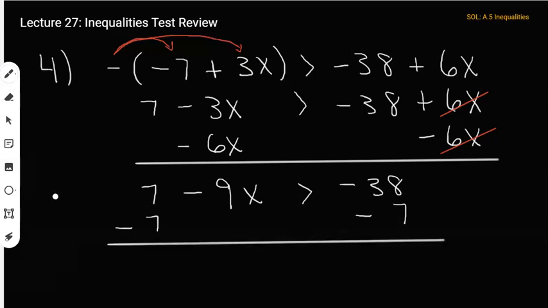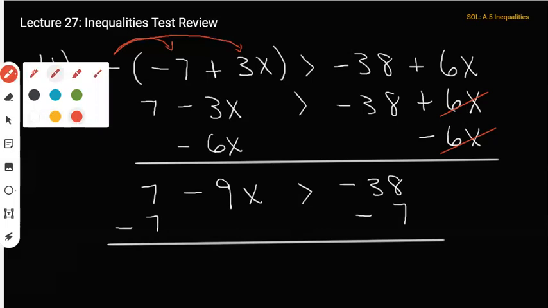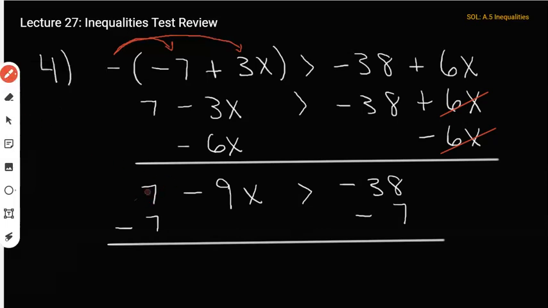Then the 7 and the negative 7 will cancel over here, leaving me with the negative 9x is greater than negative 45. So now the only thing that I have left to do to get x by itself is to get rid of the negative 9. And I can do that by dividing.